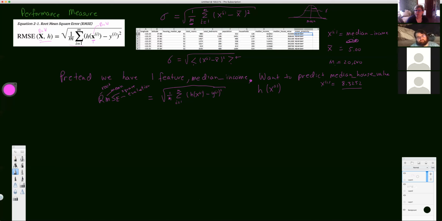So tell me, just looking at this one piece of data right here, of course, that's not how you'd actually do this, but what could I multiply my median income by to get this value, 452,600? You might need to whip out your calculator.